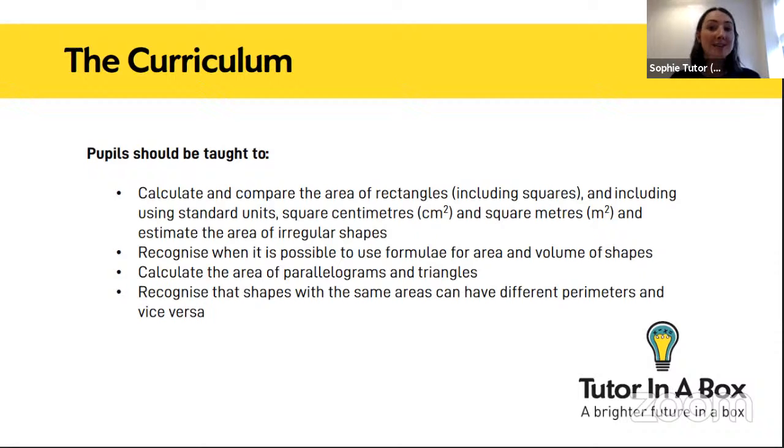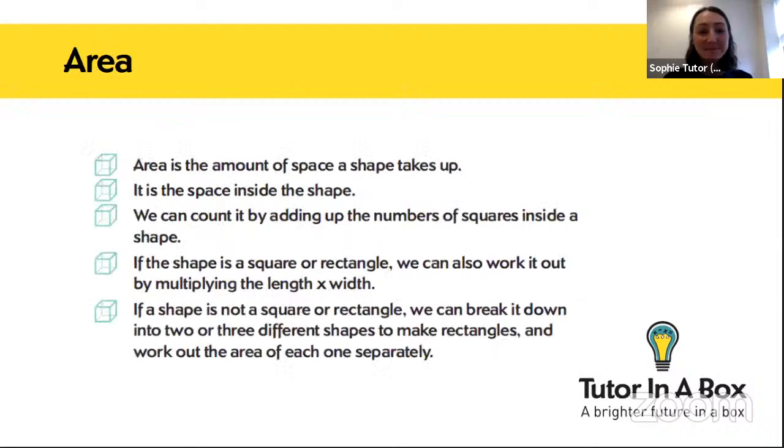We're also, time dependent, going to look at parallelograms and triangles, and then hopefully touch on different perimeters and how area and perimeter link or don't link, and vice versa. So this is the curriculum, this is what we're covering today.